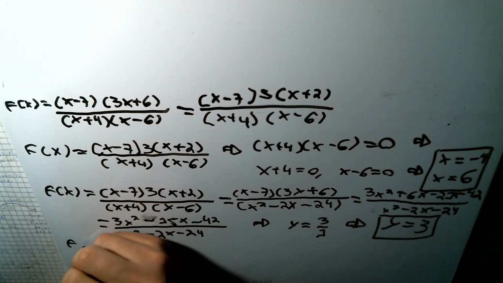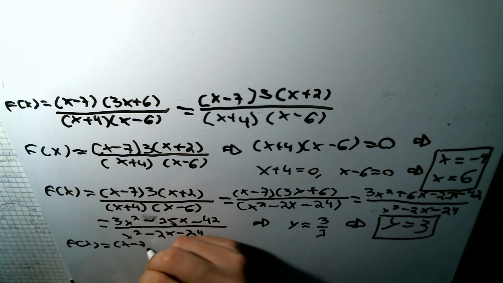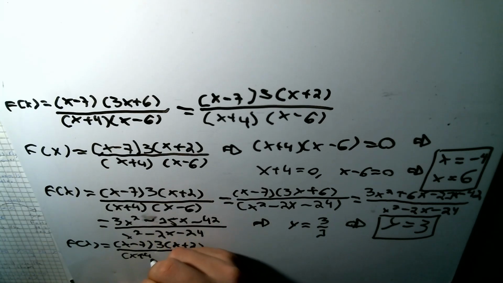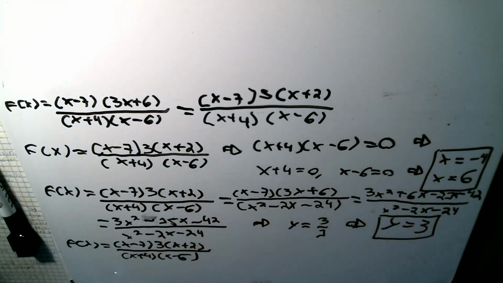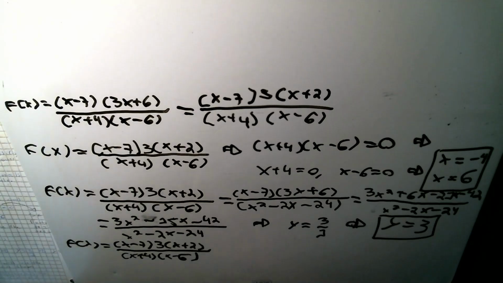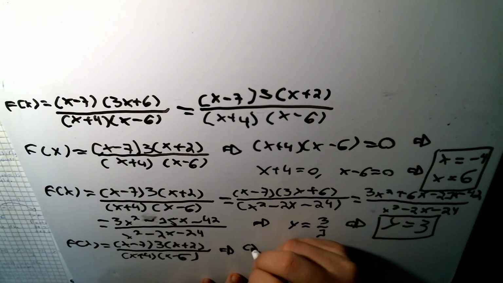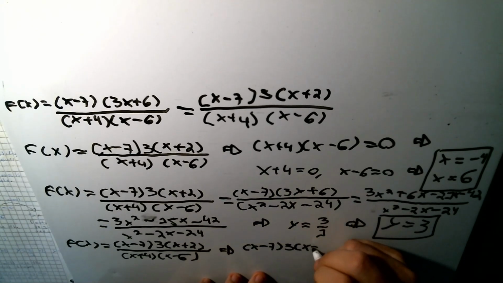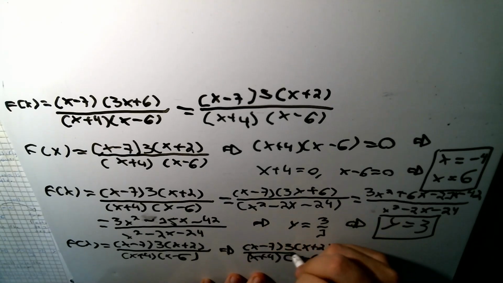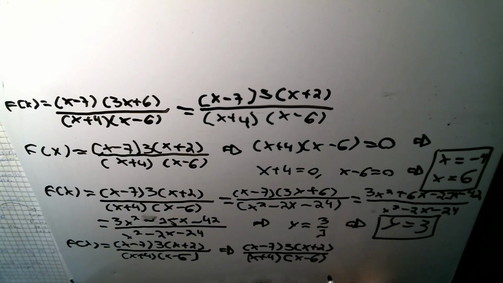So f of x equals x minus 7 multiplied by 3x plus 2, over x plus 4 multiplied by x minus 6. This, as I said, will be equal to 0.